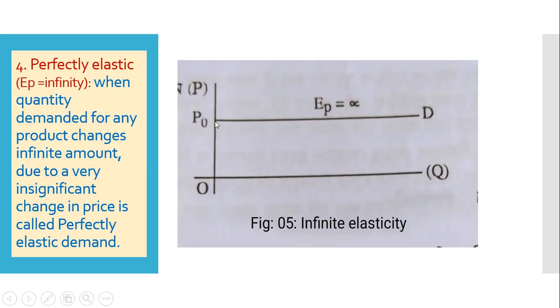So for a very, very insignificant change in price we are getting an infinite change in demand, and so the demand curve is this shape. Actually, in a perfectly competitive market, an individual firm faces this type of demand curve.